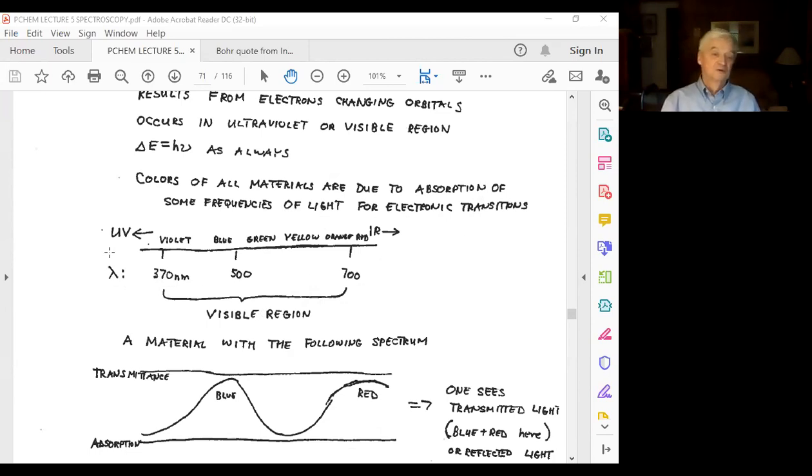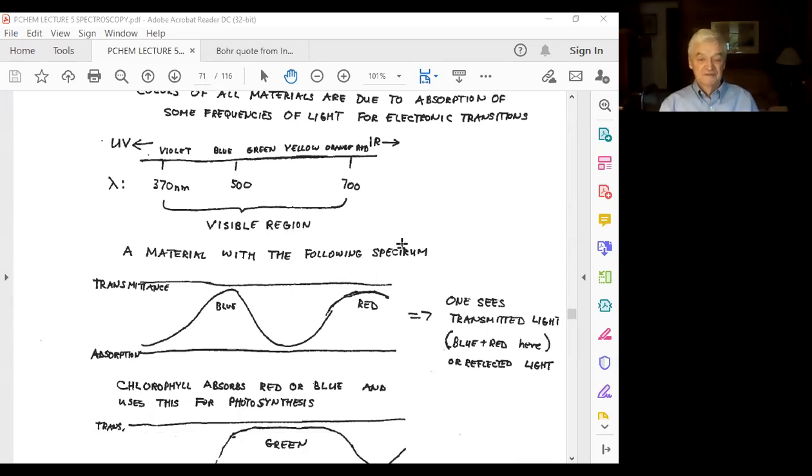If we go to higher energies and lower wavelengths, we go to the ultraviolet. Within the visible range, violet is the highest frequency light that we can see, and red is the lowest frequency light that we can see. And you can see then why this would be called infrared and this region is called ultraviolet.